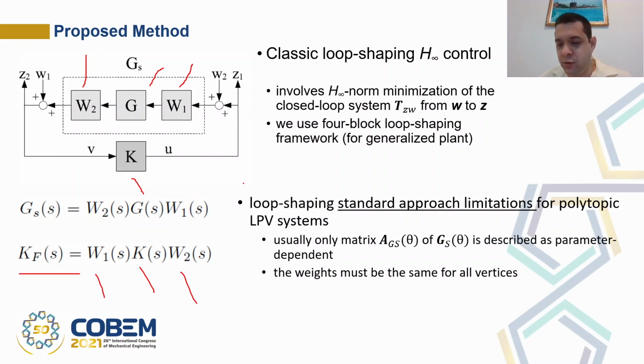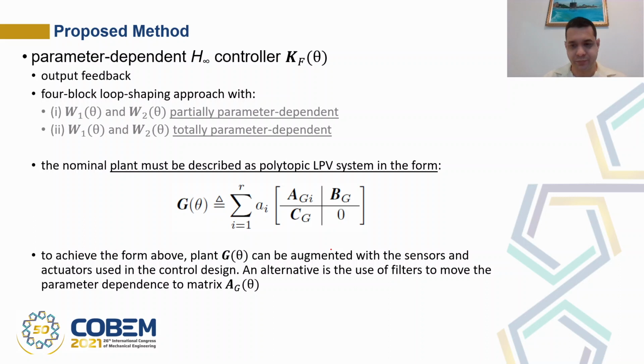When applying loop shaping for polytopic LPV systems, we have some limitations: usually only matrix A of the shaped plant is described as parameter dependent, and the weights must be the same for all vertices. We proposed to obtain a parameter dependent output H infinity controller by means of two loop shaping configurations with weights partially parameter dependent and totally parameter dependent.